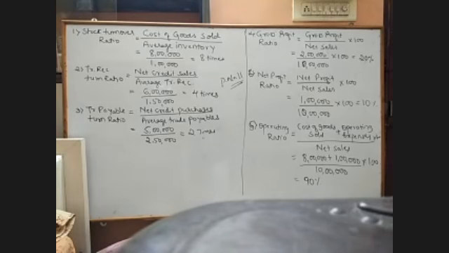Out of this, I will solve 3 ratios today, and the remaining 3 ratios we will solve in the next class. Before that I want to give you some formulas, so for that reason I'm not solving it today. Problem number 9.